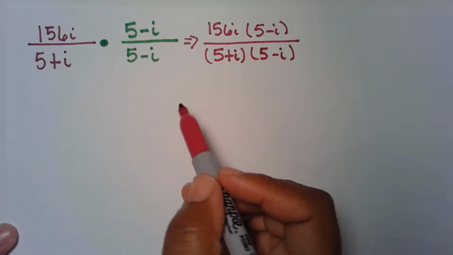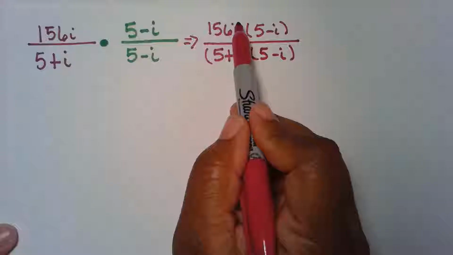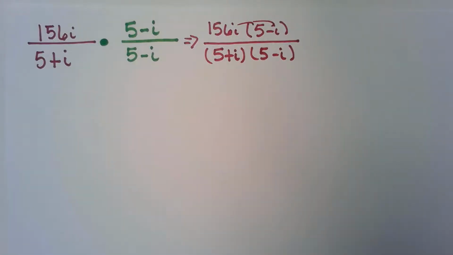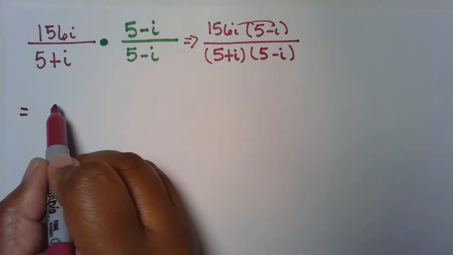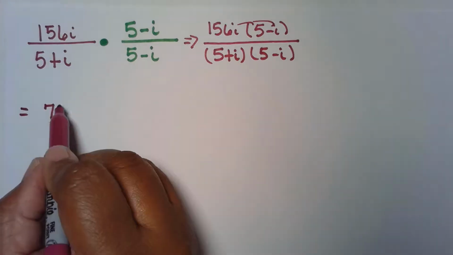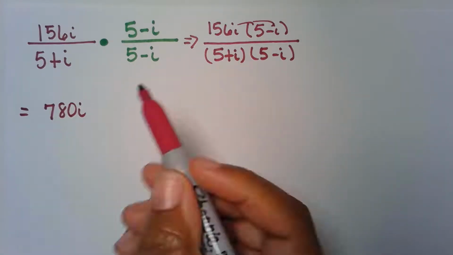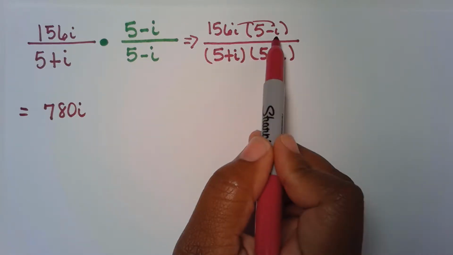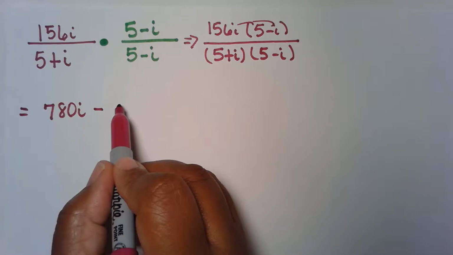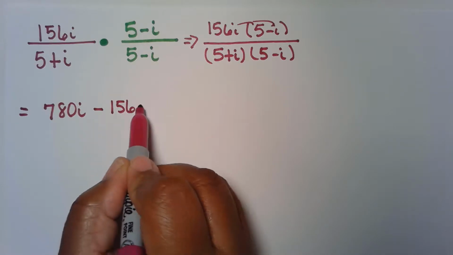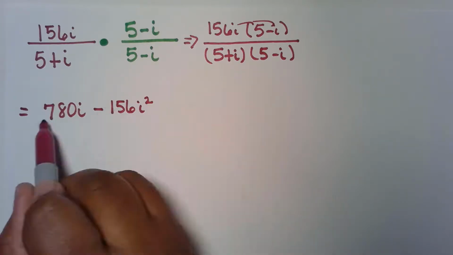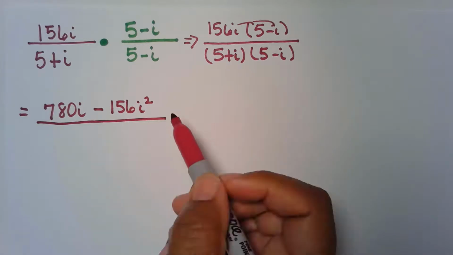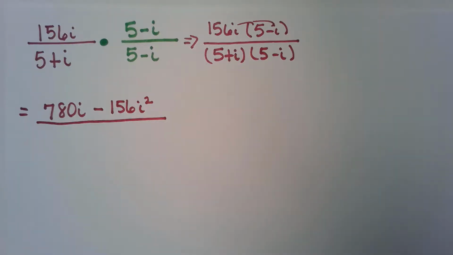Okay, so the numerator, let's distribute 156i times 5, which gives us 780i, and then we have 156i times negative i. That gives us negative 156i squared. Okay, and we'll finish that in a second.